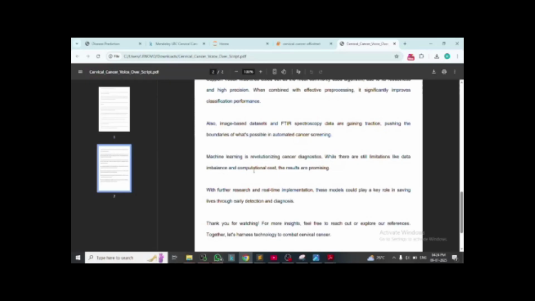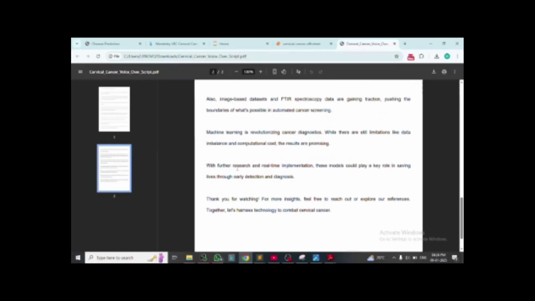Machine learning is revolutionizing cancer diagnostics. While there are still limitations like data imbalance and computational cost, the results are promising. With further research and real-time implementation, these models could play a role in saving lives through early detection and diagnosis.